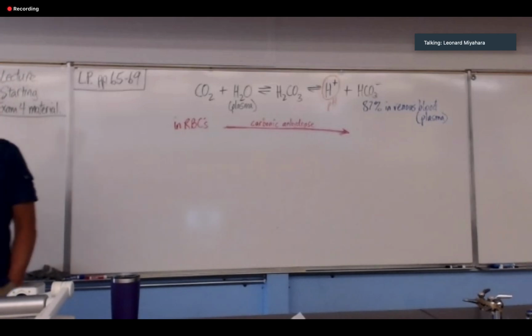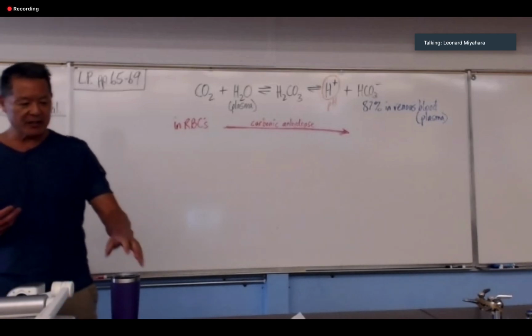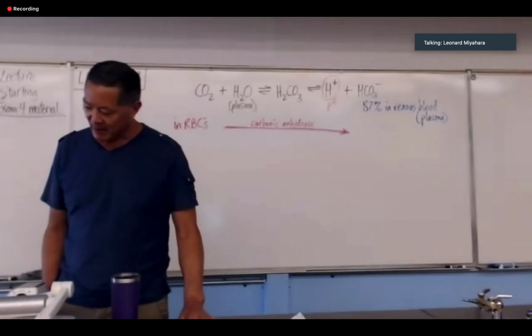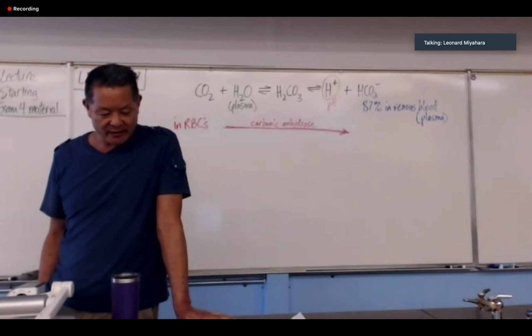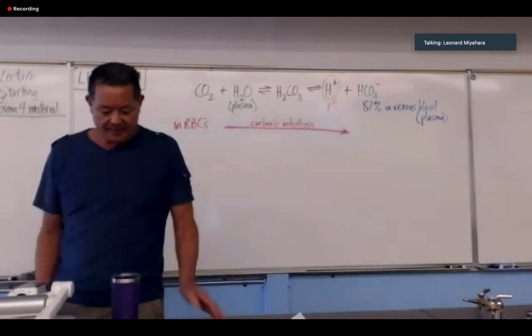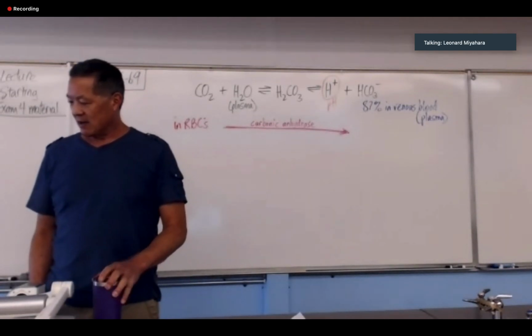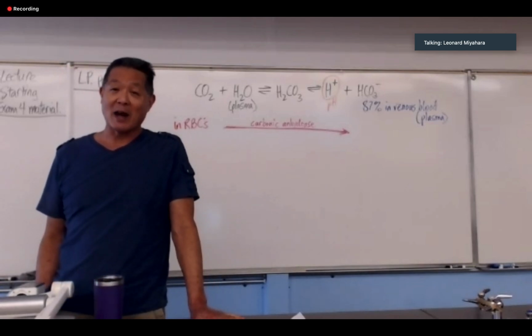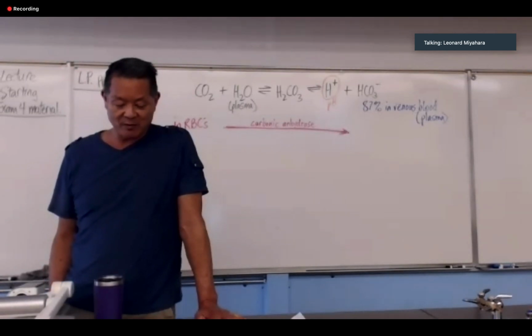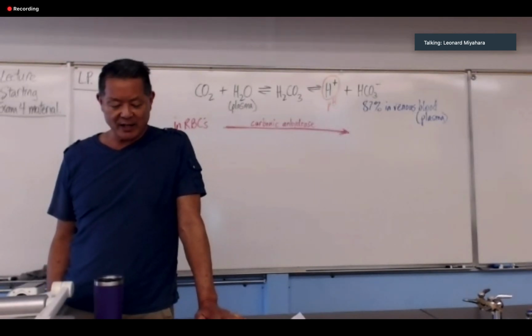Now the body has a very narrow range of pH, and you can see that on the top of page 69. It centers around 7.4. You go neutral, you go to 7.0 and you feel like crap. We work in a very narrow range of pH.